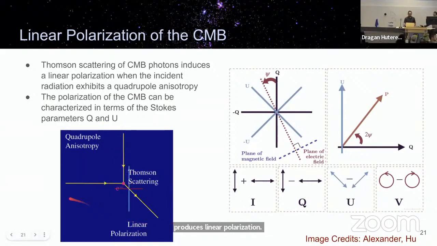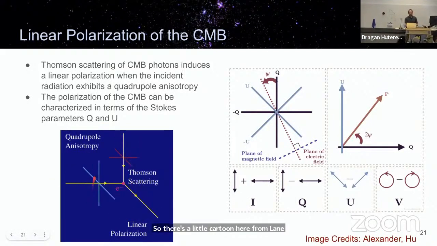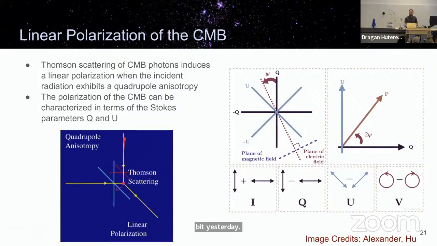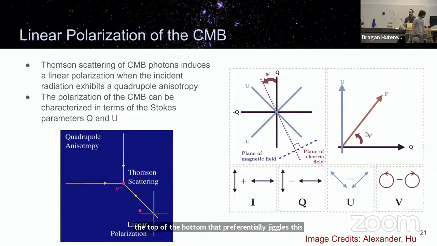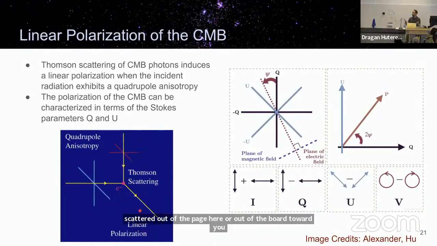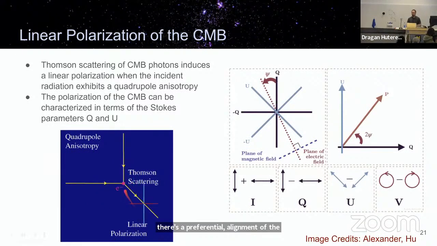The basic idea is if you have more intense radiation coming from the left and the right than from the top and the bottom, that preferentially jiggles this photon up and down. And so when the photons are scattered out of the page here or out of the board toward you, there's a preferential alignment of the electric field vertically. And so you get linear polarization in the presence of quadrupolar anisotropy.